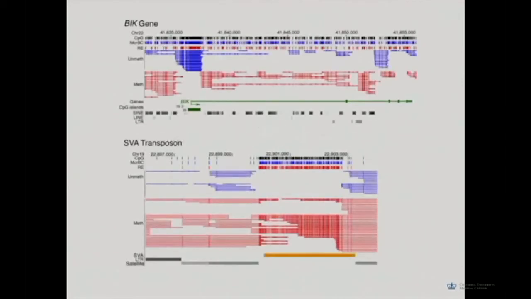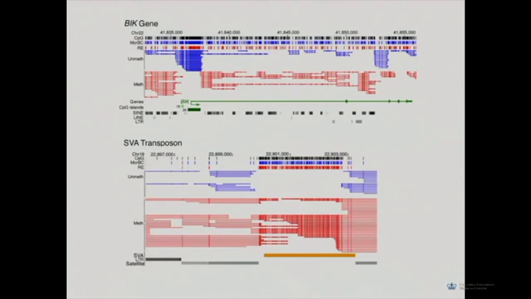Now we're going to talk about the general shape of methylation patterns. What's shown here is the BIC gene, BCL6 interactor and killer gene, transcribed in this direction. Red is methylated. Here are all the CpG sites we were able to test.